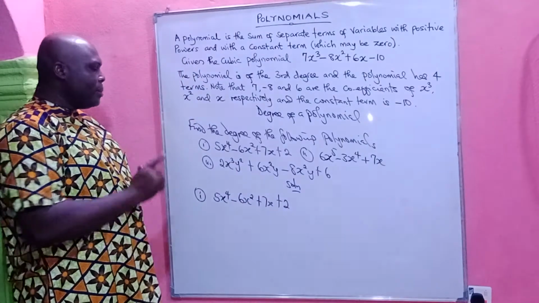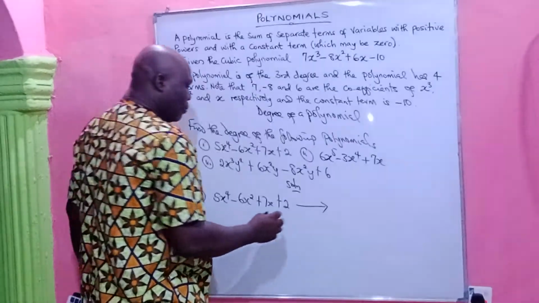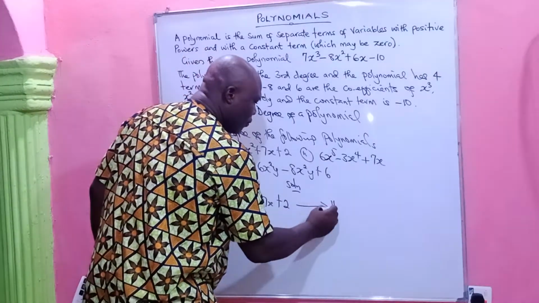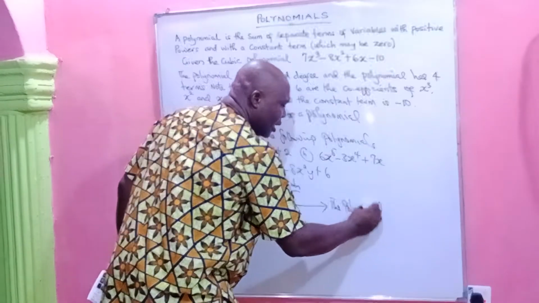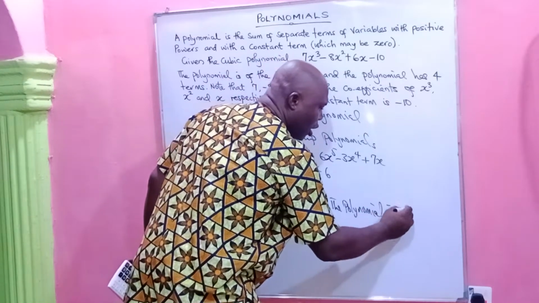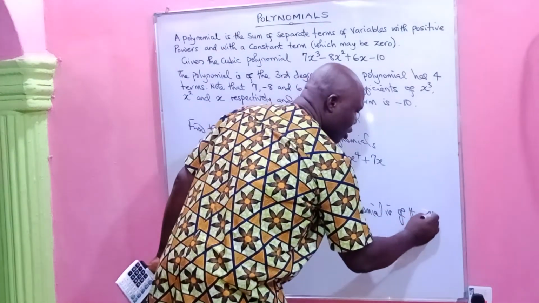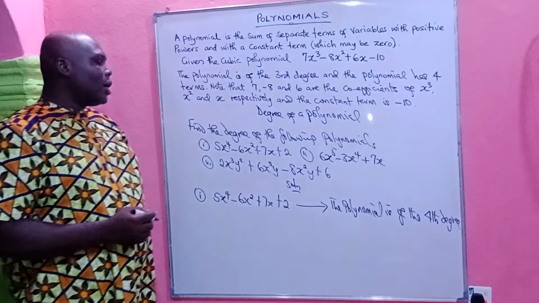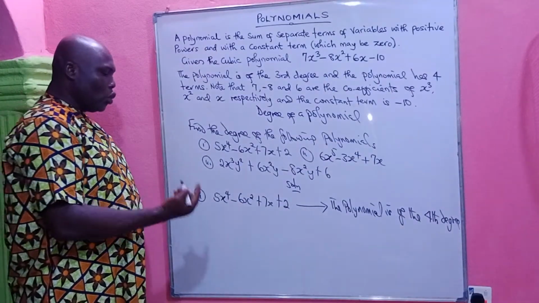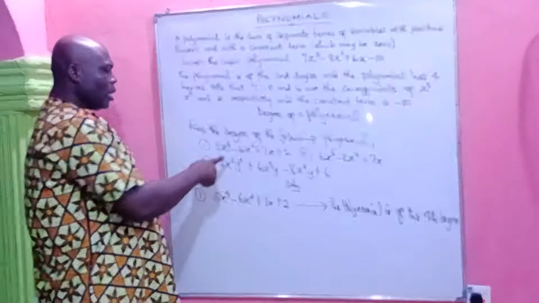Now this polynomial you're looking at is of which degree? The polynomial is of the fourth degree. Why? Because the highest power of the unknown, which is x, is 4.